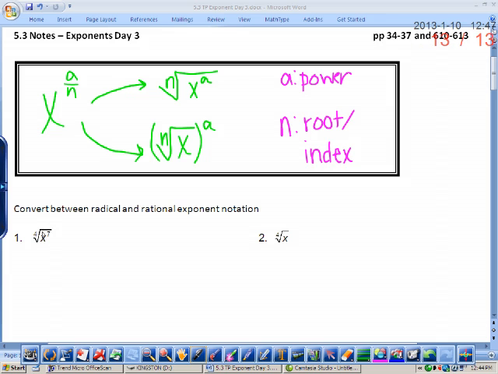Okay, so my power is 7 and my root is 4. So I take my base of x. 7 is my power, so that becomes my numerator, over my root, which is 4. These two mean exactly the same thing. All three of these statements mean exactly the same thing.